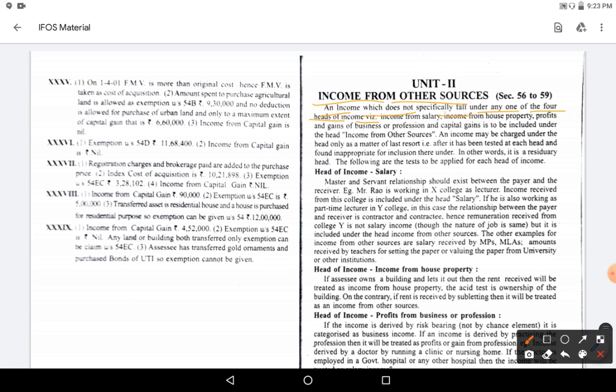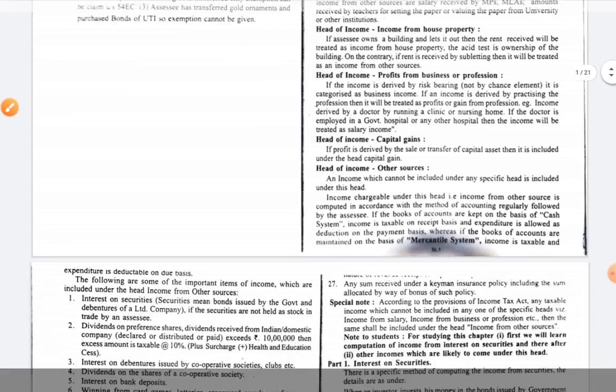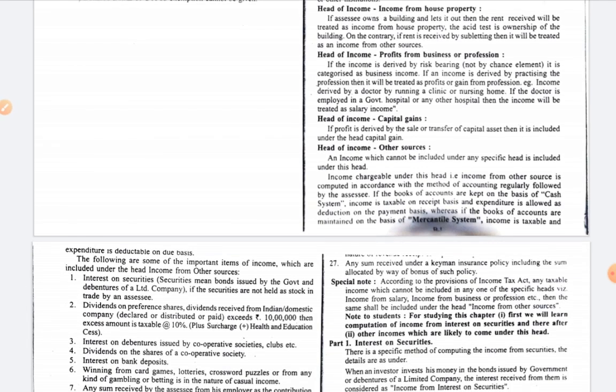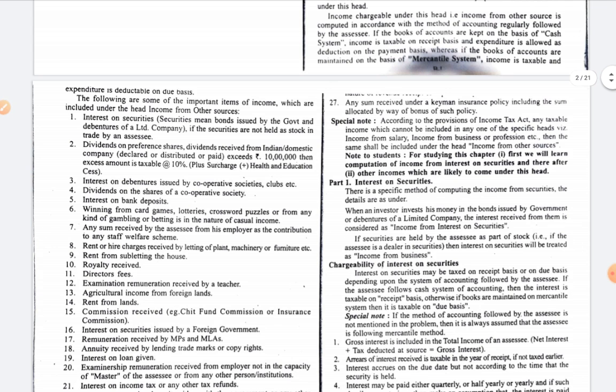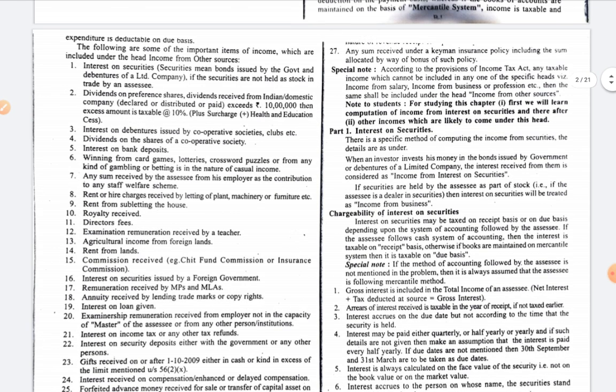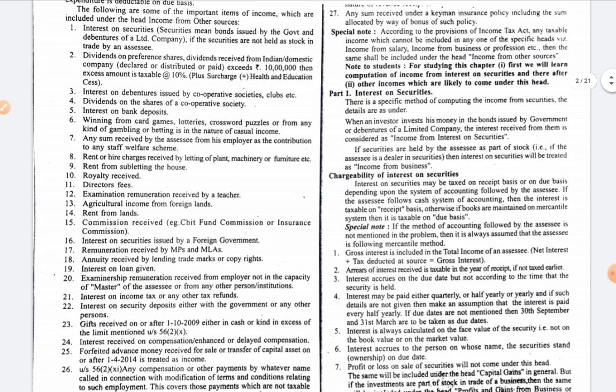Visualize income from salary, income from house property, profits and gains of business or profession, and capital gains. If any income does not come under these four, then it will be considered as income from other sources. We have already discussed salary and house property. So directly they will ask what is income from other sources, and give the sum of the incomes which are taxable under the head income from other sources.